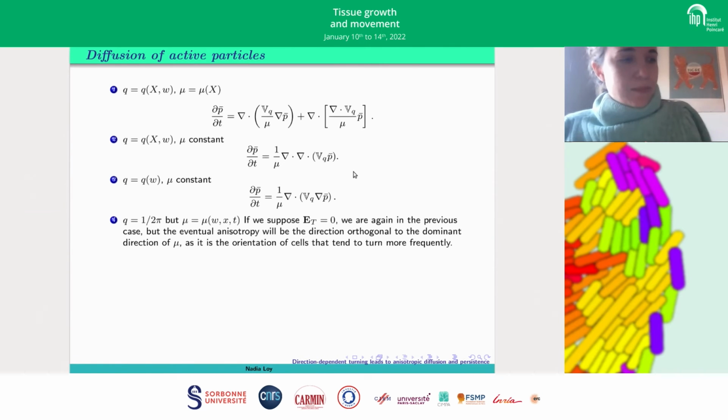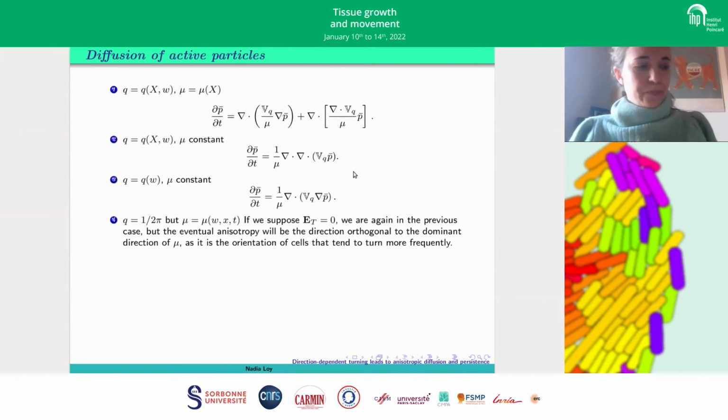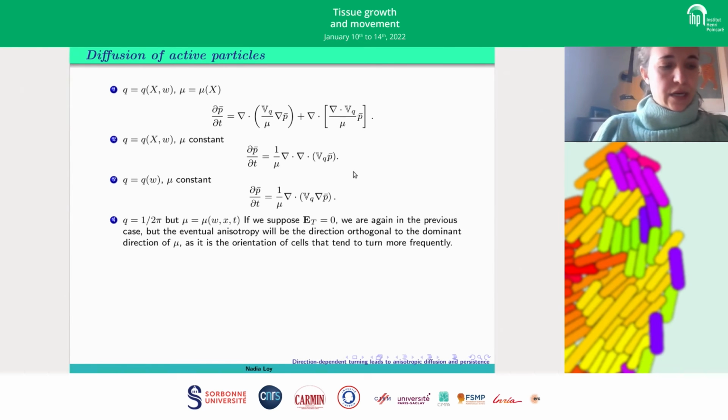So what does it mean? In order to understand the roles of Q and mu on the overall dynamics separately, we have analyzed the diffusion equations that concern these active cells, and we have tried to compare them to known diffusion equations for passive particles.